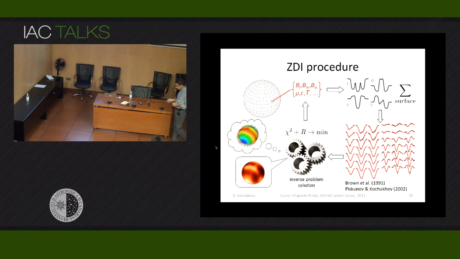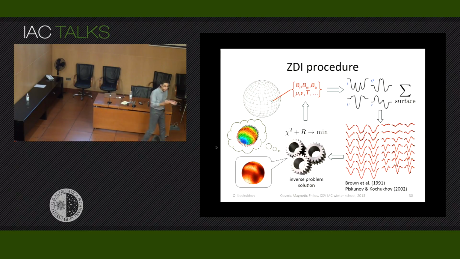In this process, you can now understand why it is important for us to have very efficient methods of solving the polarized radiative transfer equation. Here we have to produce these Stokes parameters for each surface zone, for each rotational phase, and we have to do it many times because we also need to calculate derivatives.